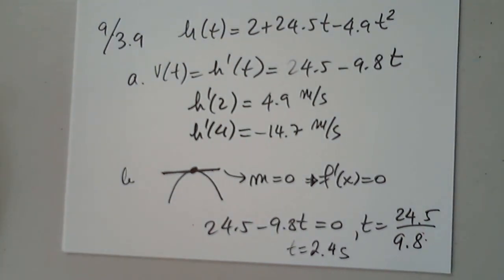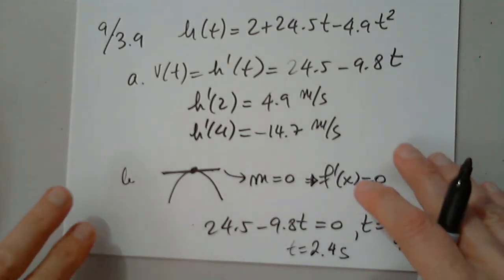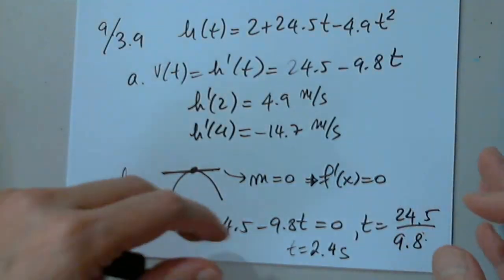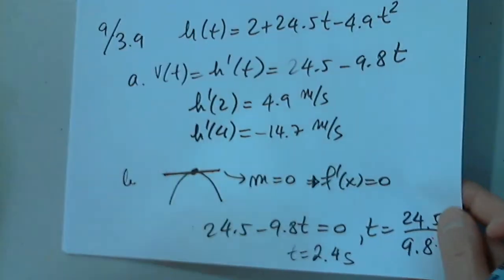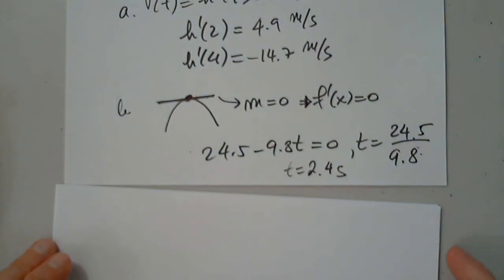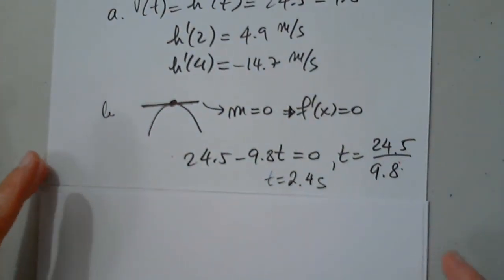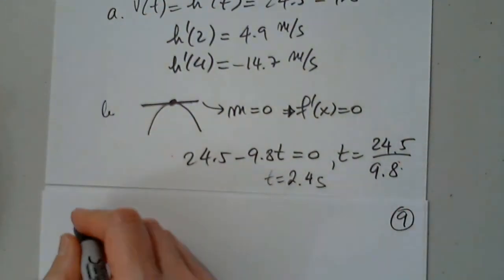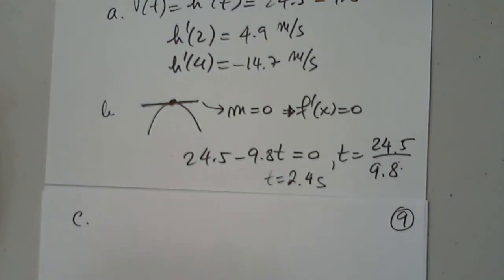And now let's go back and take a look at part C. What is the maximum height? How do I find the maximum height? I have the time needed to get to the maximum, 2.5 seconds. But now the question is, how do I find the maximum? And when does it hit the ground?